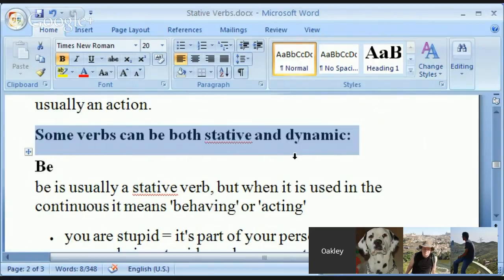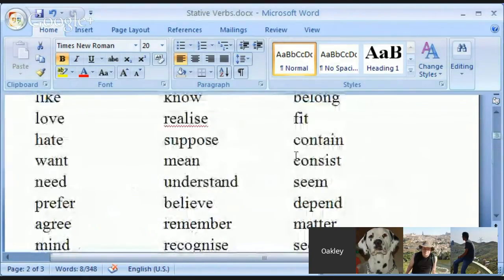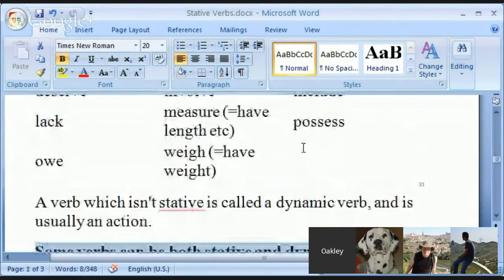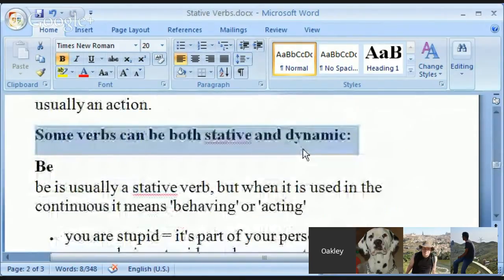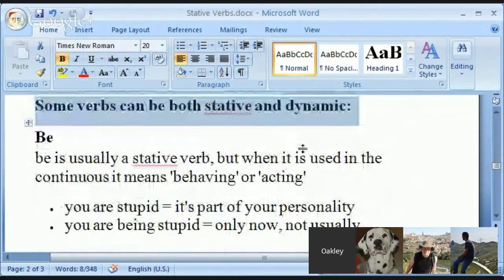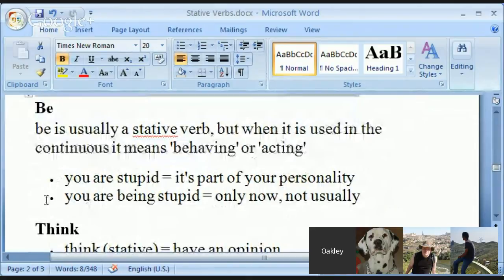Now, if a verb is only stative, that would mean that you can never use ing with it. But most of this long list of verbs here are mixed verbs. Sometimes you can, sometimes you can't, but let's look at how that works. And then we're going to look at all these words together and talk about them. And you guys are going to decide if it can be both stative and dynamic or just stative.